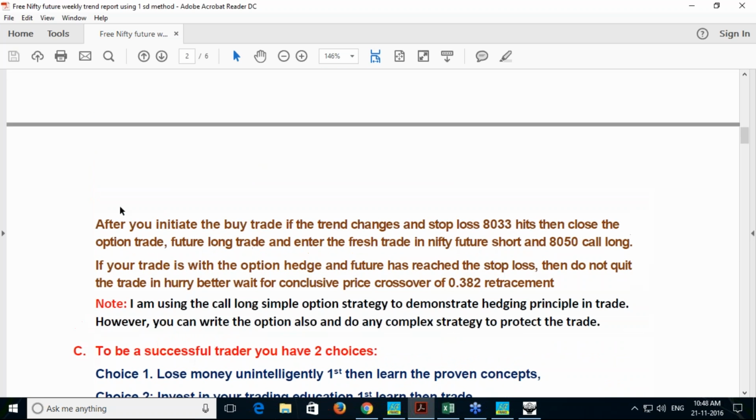I am using a simple long call option strategy to demonstrate this. However, you can write any option, do any option strategy of your choice. So this is not the only strategy you can form. Categorically, I have told Amarji here, this is not the only strategy. Many strategies you can form, based on your requirement.